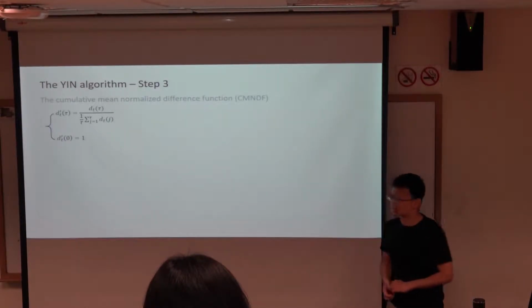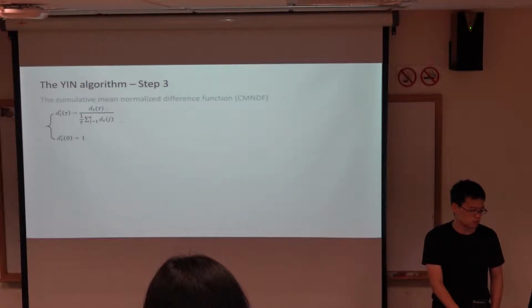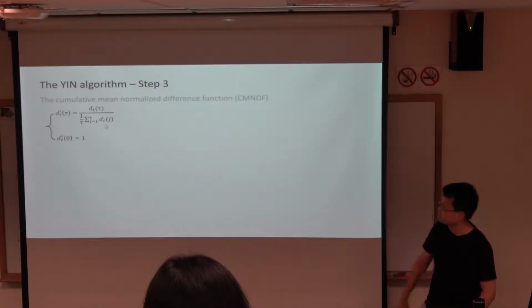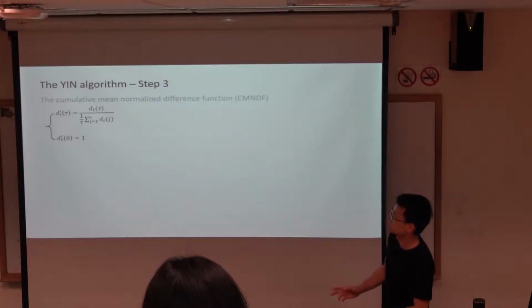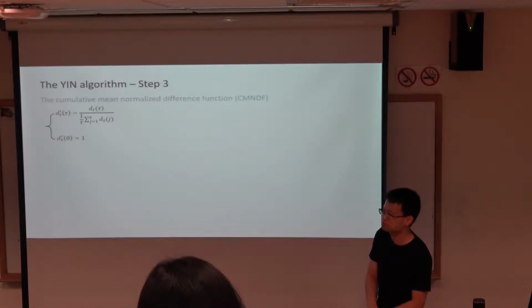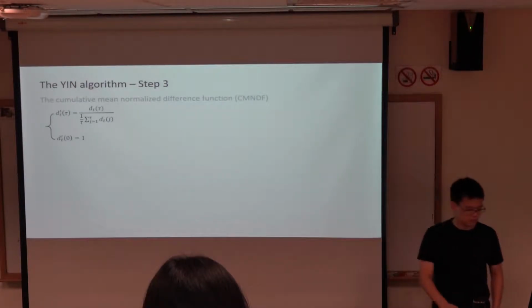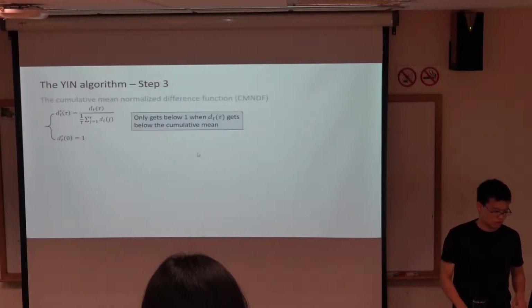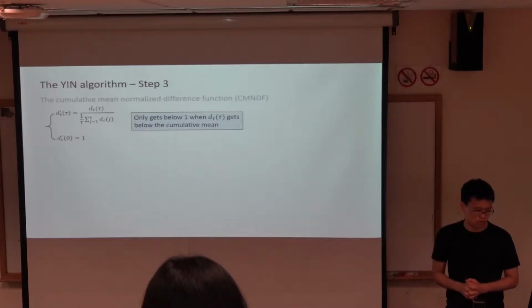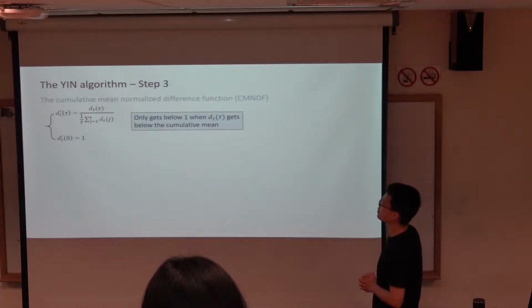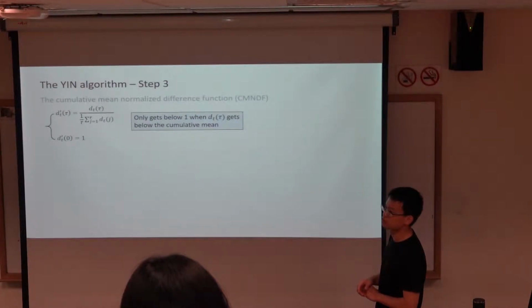What it does is divide the original difference function by the mean of the formerly calculated values. If you want to calculate D10, you use D10 to divide the mean of D0 to D10. The benefit of this function is that it only gets below 1 when d tau gets below the cumulative mean.